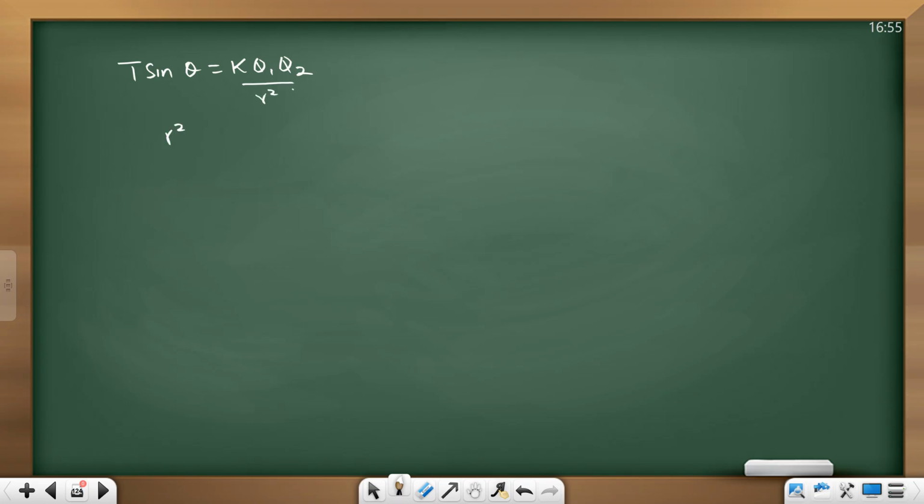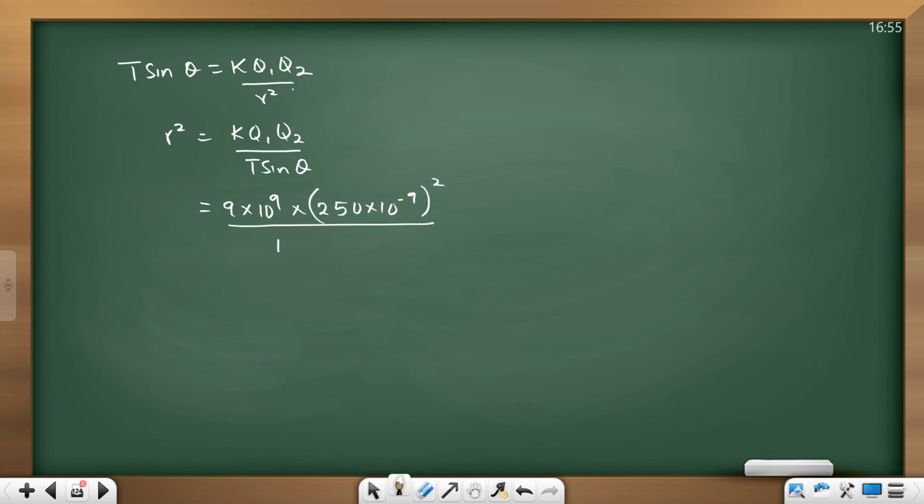And if I just interchange, you should be able to know that math also by now. That's T sine theta, which is 9 times 10 to the power 9 times 250 times 10 to the power negative 9. They are the same. So it's squared over what? 1.04 sine 20, and you find the square root: 0.04 meters.